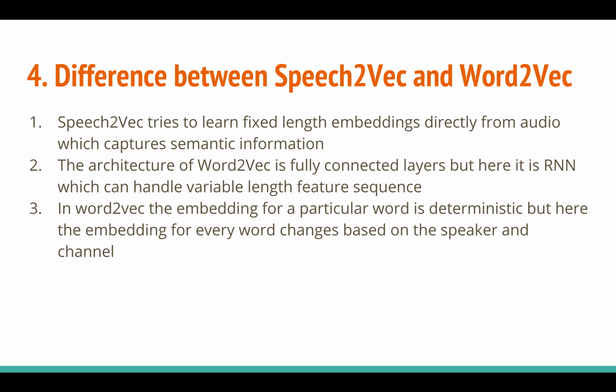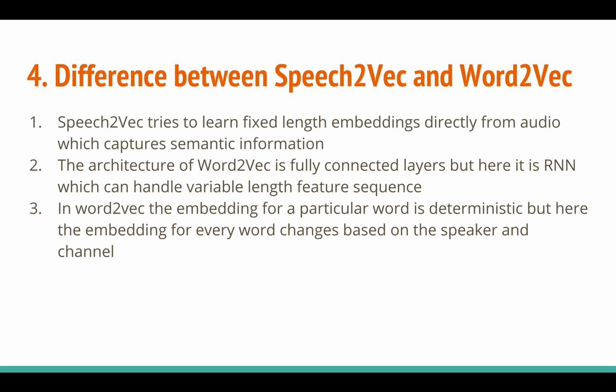So the embeddings we get for every word in the Speech2Vec model can be different based on the speakers, and it also varies based on the channel. For example, if you record that word in a studio environment and compute the vector, and then do the same recording using a telephonic channel and compute the word embeddings, those two will be different.